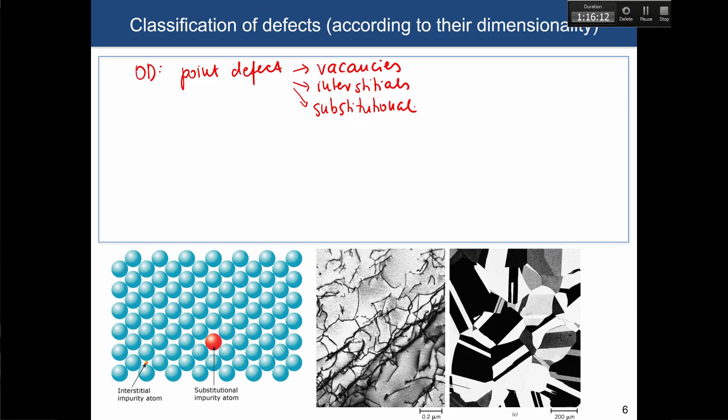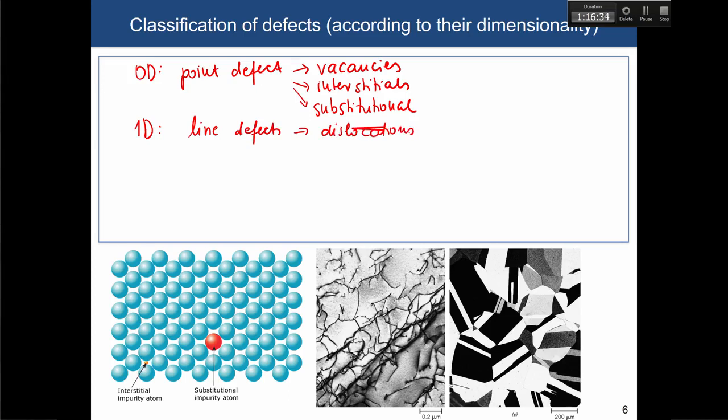Then the line defects or one-dimensional defects will be called dislocations. An example of dislocations would be this image here.